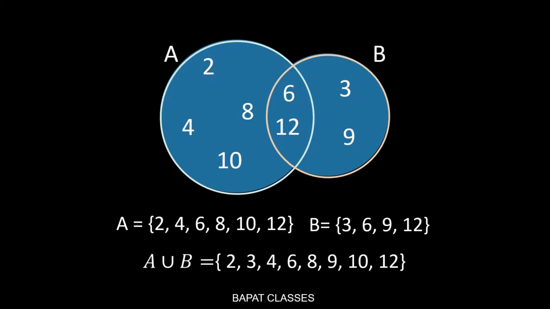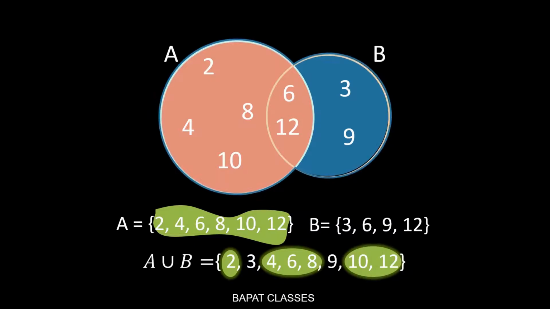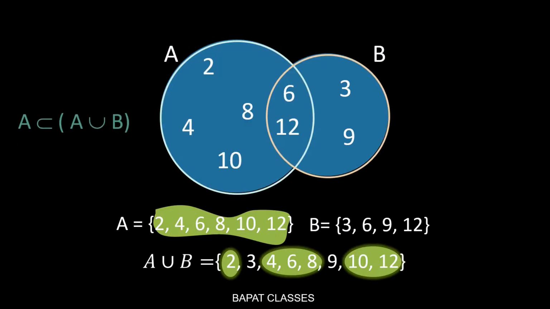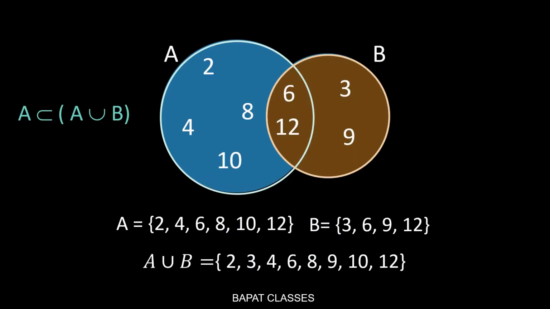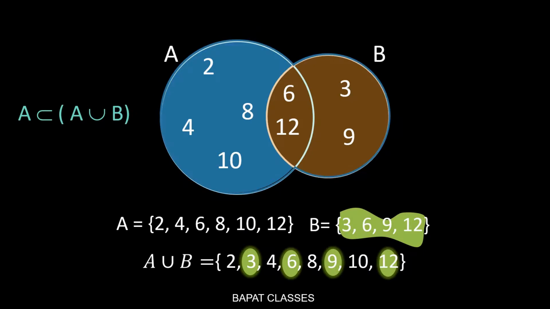Now we will see subset relation between A, B and A union B. Here, all elements of set A are present in A union B. Therefore, A is subset of A union B. Similarly, all elements of set B are also present in A union B. Therefore, B is subset of A union B. So remember this property.